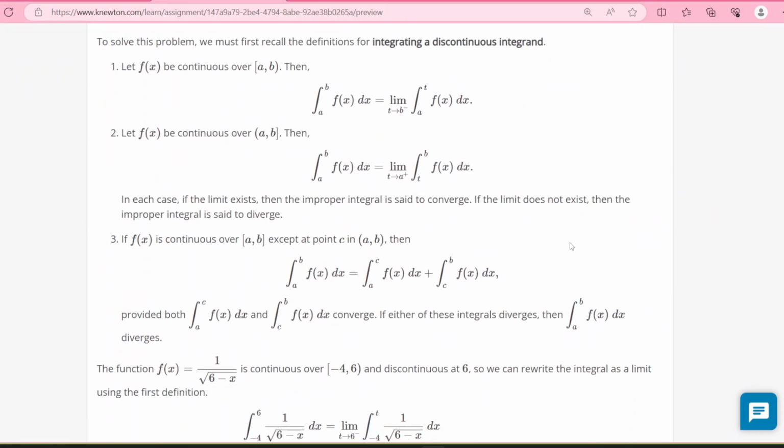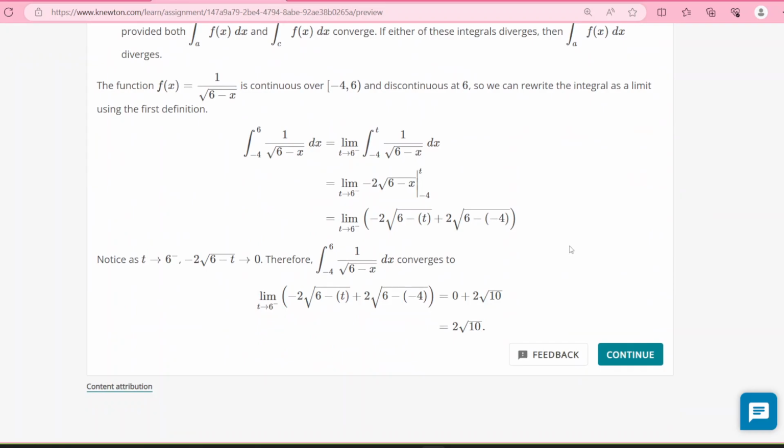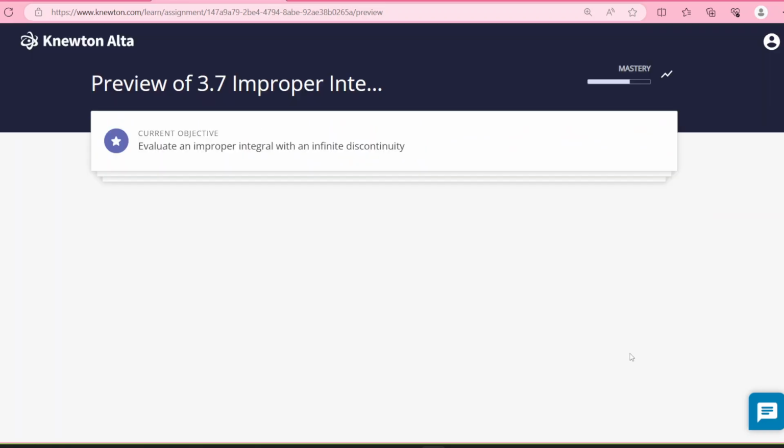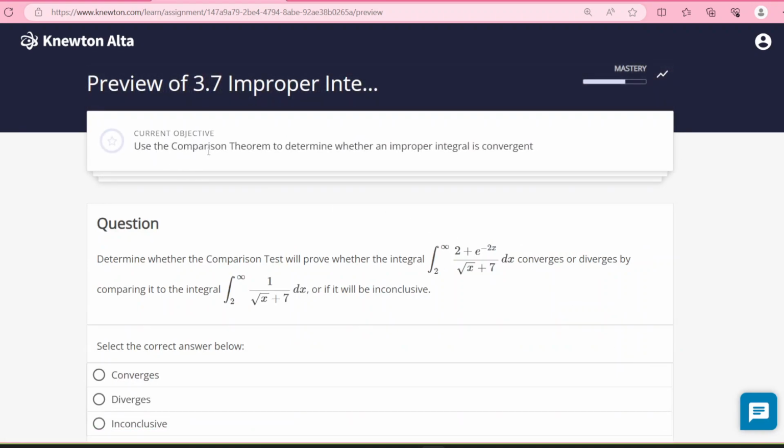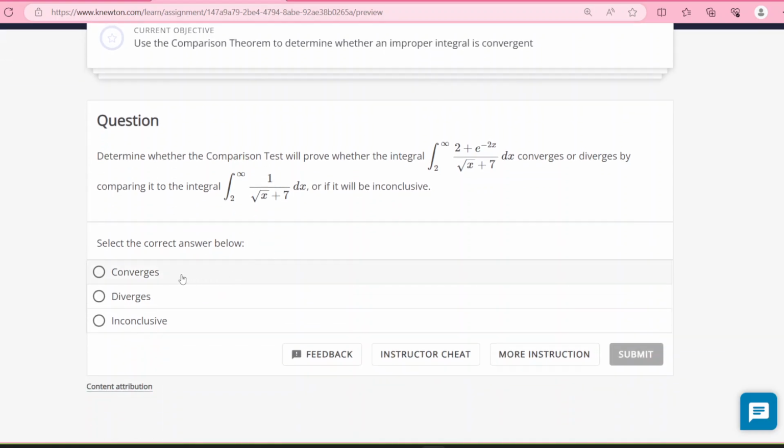We'll do comparisons to determine if an integral is convergent or not. So use the comparison theorem to determine whether an improper integral is convergent. Again, your options here are going to be the integral converges, diverges, or inconclusive.